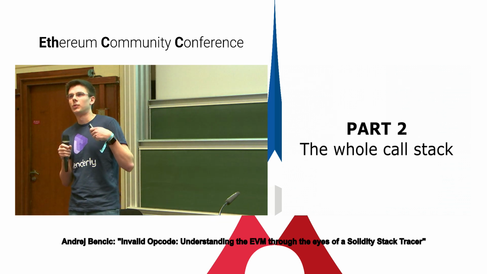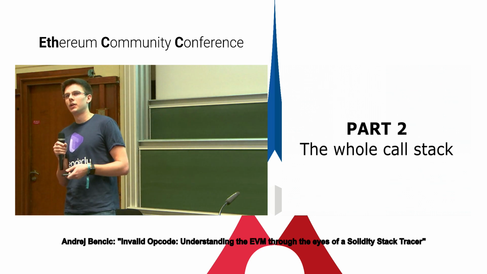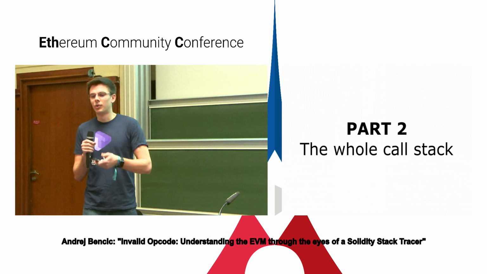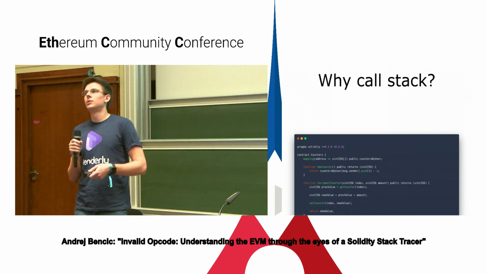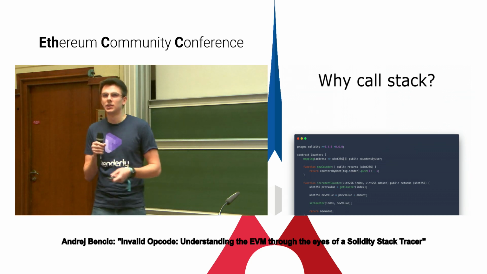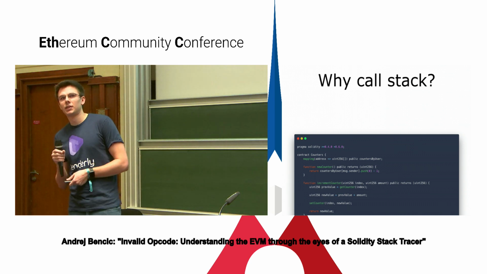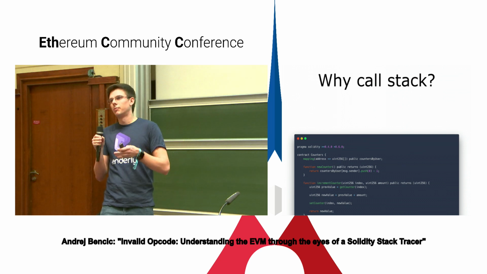But what if we wanted to give even more information to the developer to quickly find even more obscure bugs? So why exactly would we use a call stack in the first place? Well, imagine you have a payment processing contract, and you have a single dedicated method that does the transfers from one account to the other.